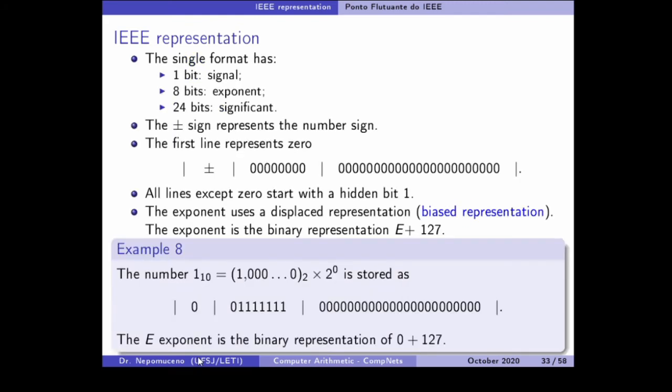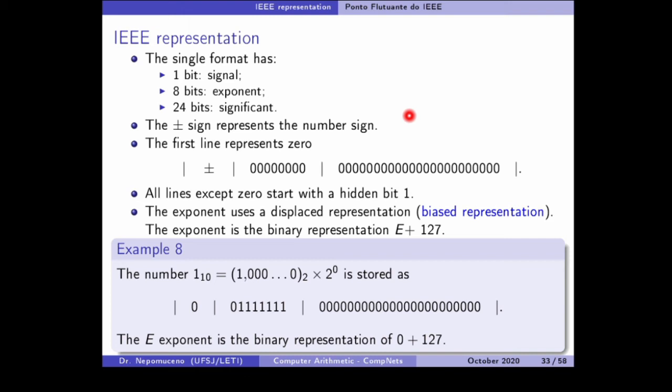Okay, let's go on. The single format has 1 bit for the sign, 8 bits for the exponent, and 24 bits for the significand. The first line represents the sign, the exponent and the significand. All lines except 0 start with a hidden bit 1.